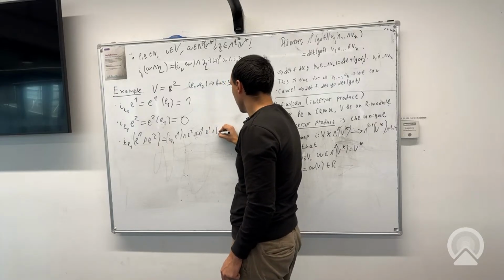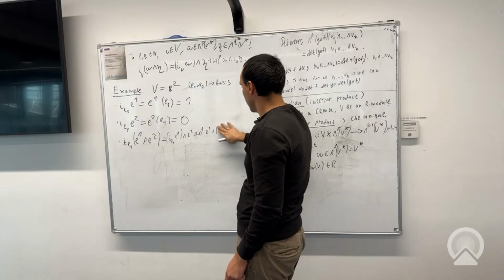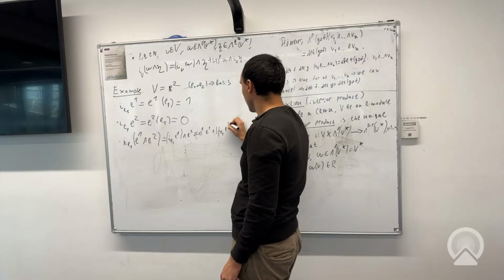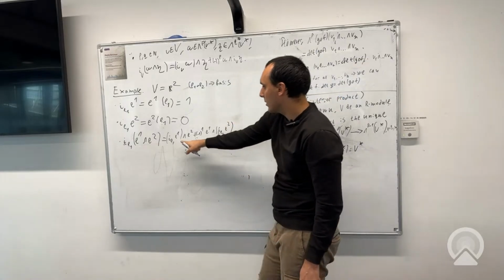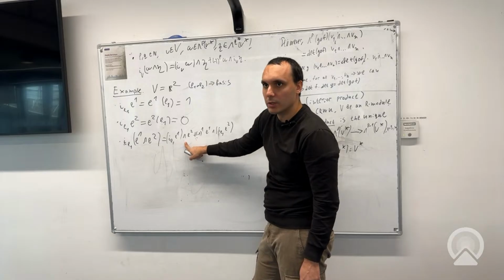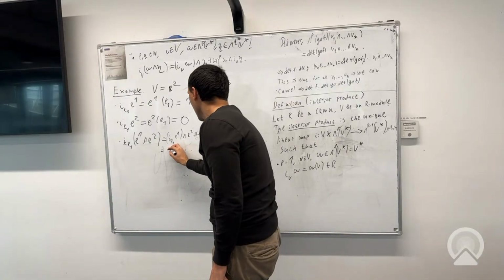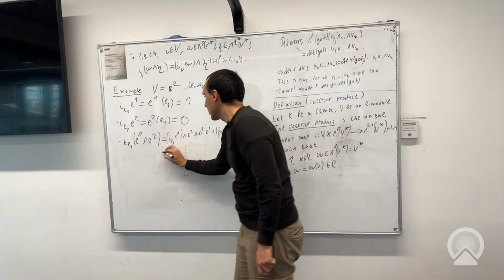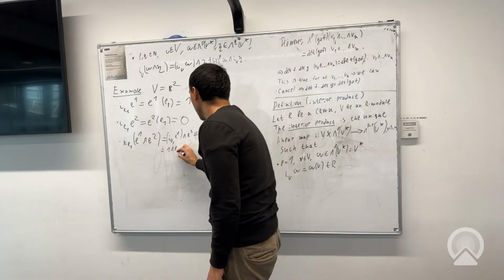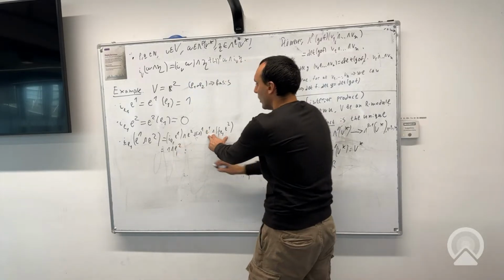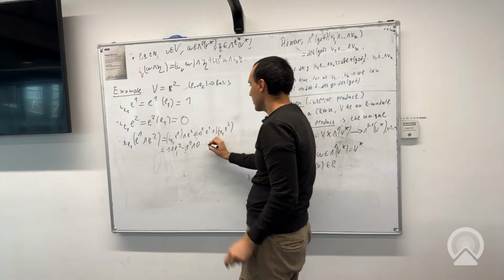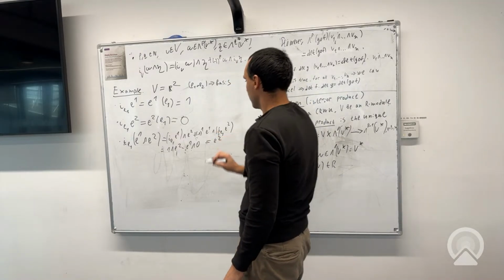We have e1 of e1 wedge with e2, okay, this is 1 with wedge with e2, and this is e1 wedge with 0. So this is e2.